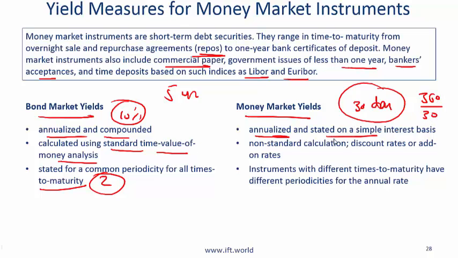So they are stated on a simple interest basis. There is no standard calculation. You can have a rate based on a discount basis or add-on basis. And instruments with different times to maturity have different periodicities for the annual rate.